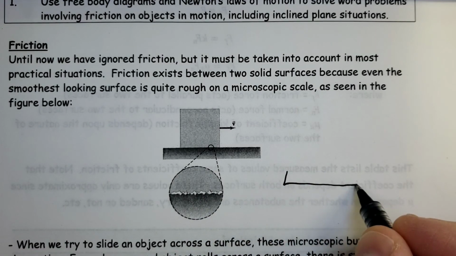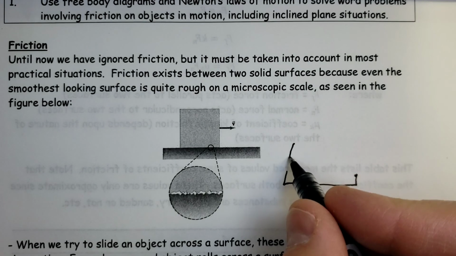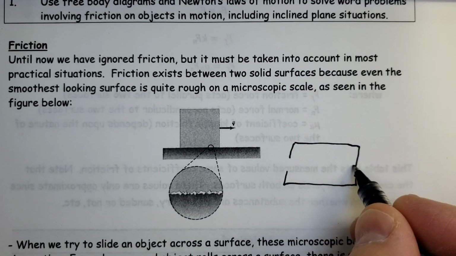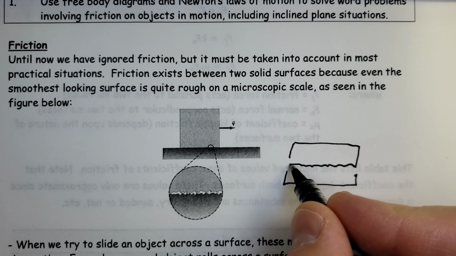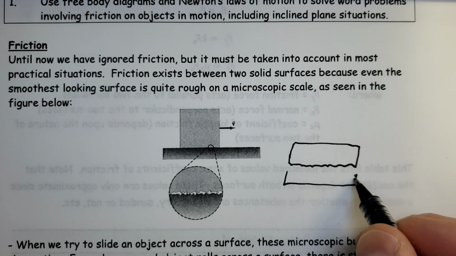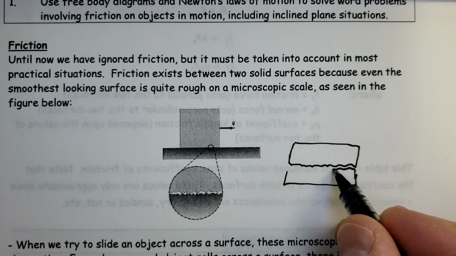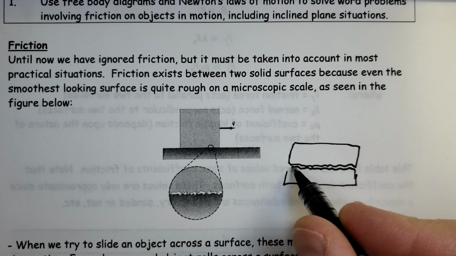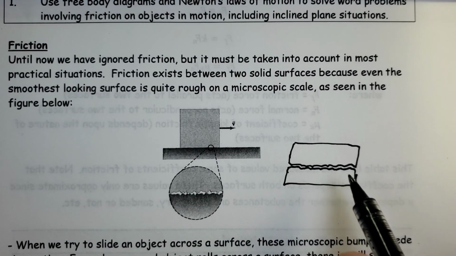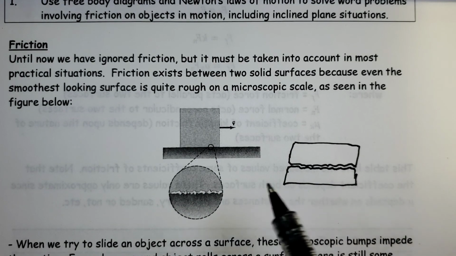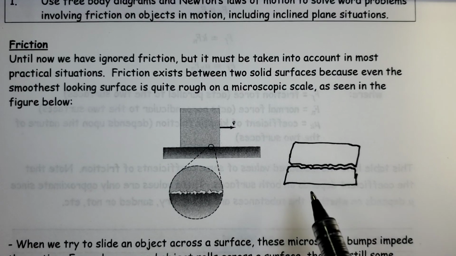If this is a tabletop and this is a box, the bottom of the box would be rough like that. The tabletop is also rough, and these jagged surfaces interlock with each other. So it prevents sliding because they interlock.